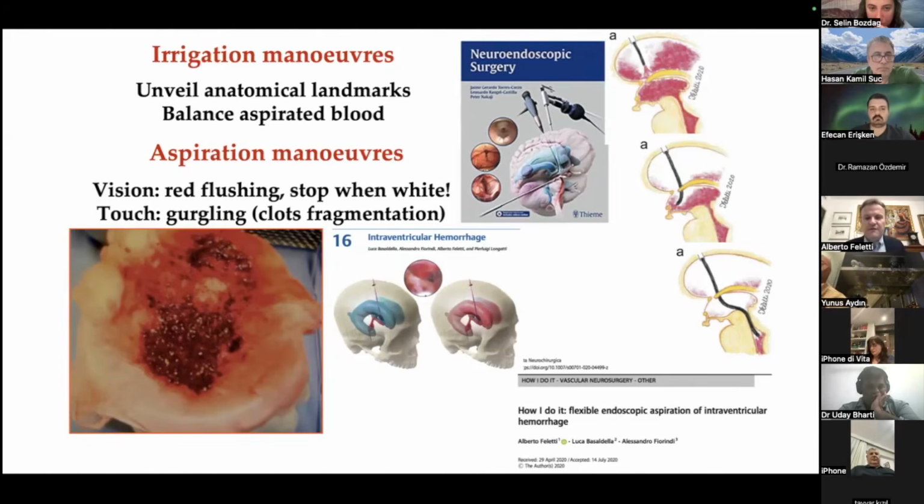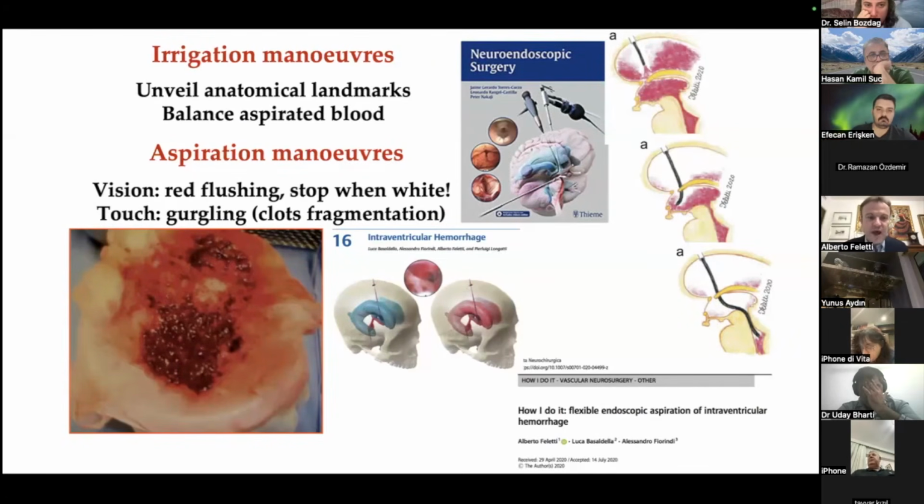Because when you are in the fourth ventricle, you have to take care not to induce pressure augmentation, as your endoscope basically occludes the cerebral aqueduct. So you are creating a trapped fourth ventricle, and you have to balance the aspiration and the irrigation volumes. And aspiration maneuvers, of course, are required to suck out the blood clots, as you can see from this picture here.